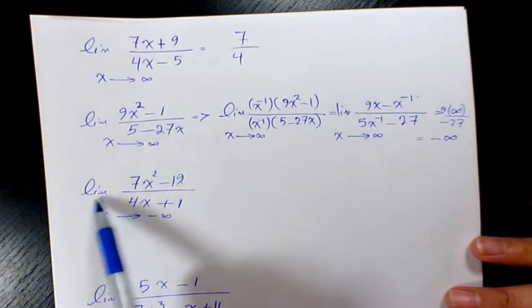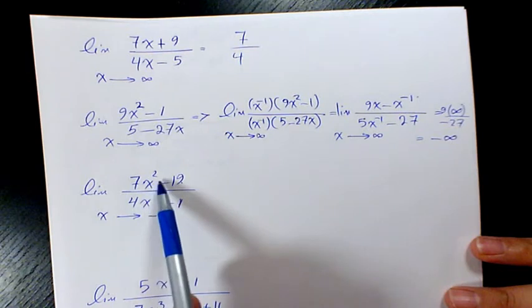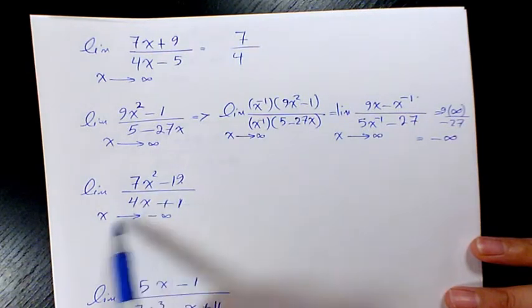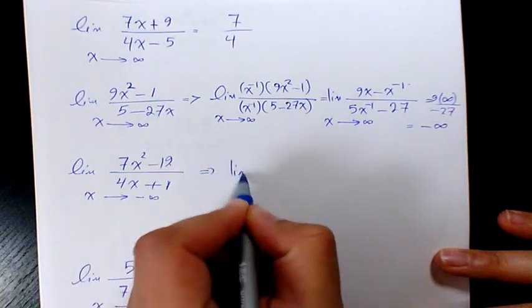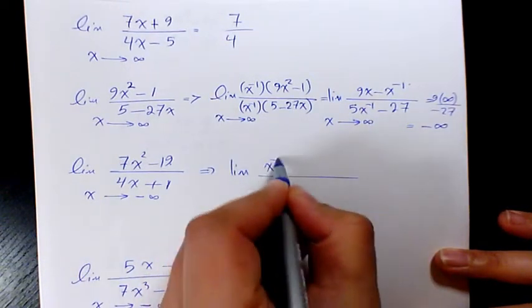And here we have the limit of 7x squared minus 19 over 4x plus 1 when x is approaching negative infinity. What we need to do is multiply both numerator and denominator by x to the power of negative 1.